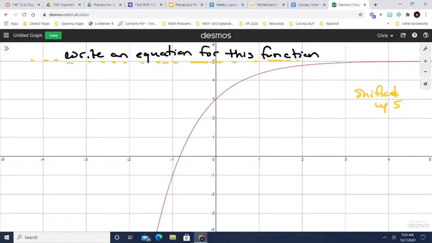Which means if I shifted it back to where it was before, I would get something like this, right? My tracing skills are leaving lots to be desired.